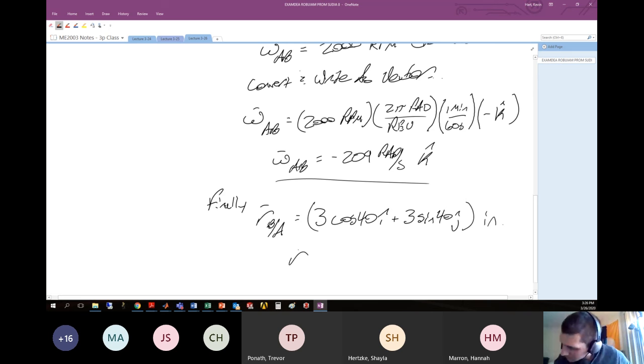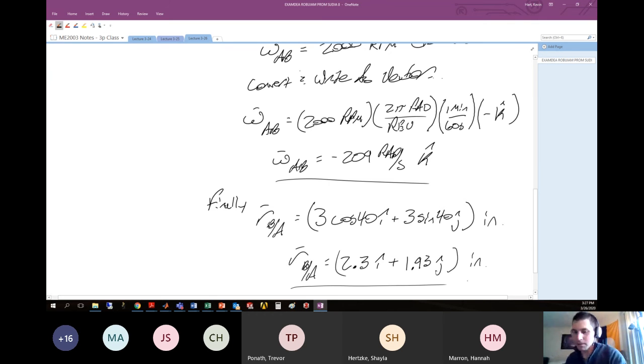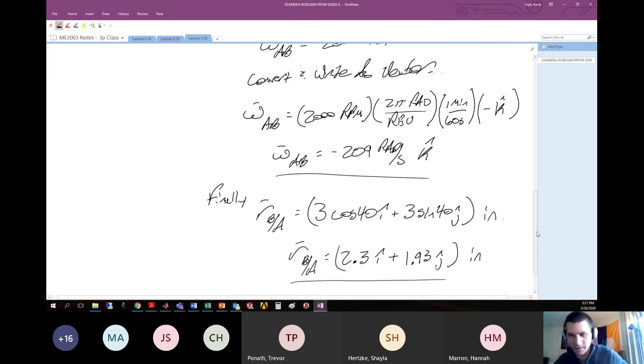If we work through the trigonometry, we'll get that the position vector of B relative to A is 2.3 i hat plus 1.93 j hat, in inches. I'll give you guys a second if you're copying this down.